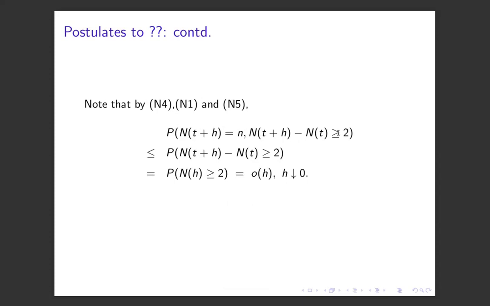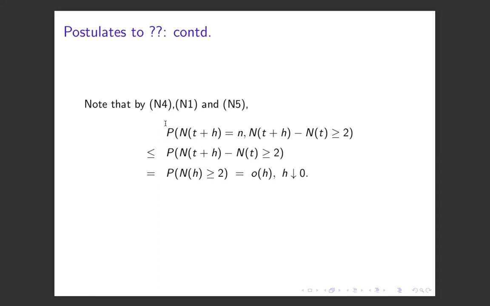So the probability of this intersection is certainly less than or equal to the probability of just this event alone. We are not using any of the hypotheses, any of the postulates yet.